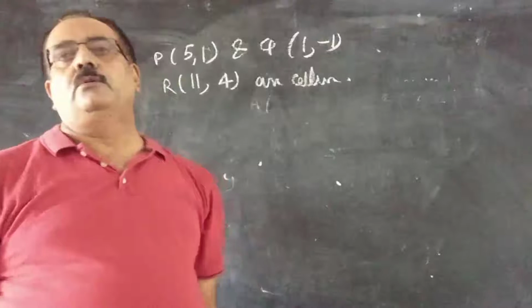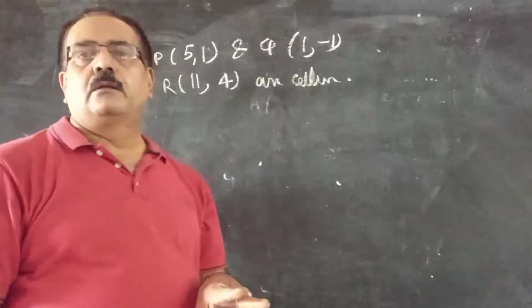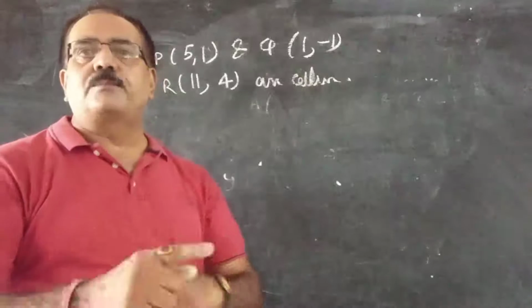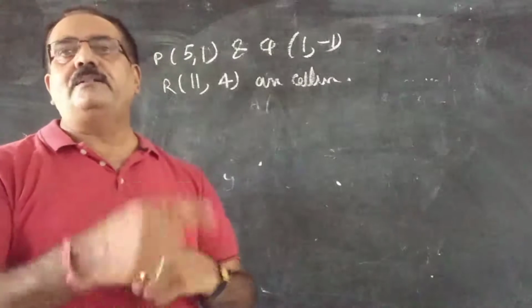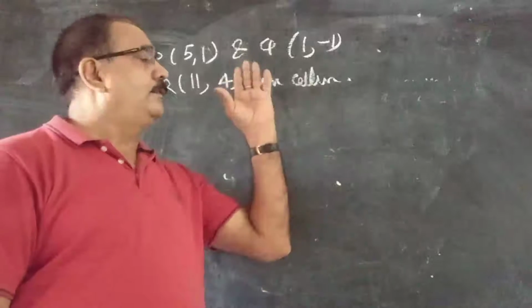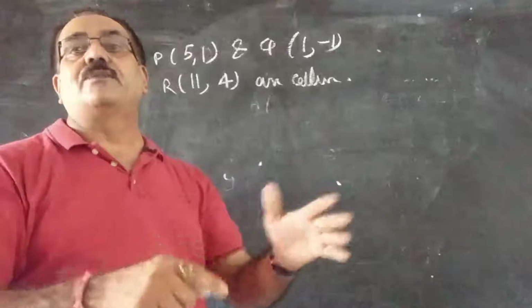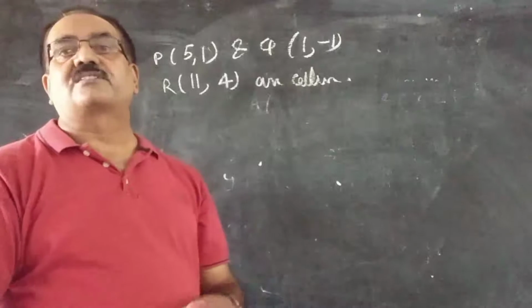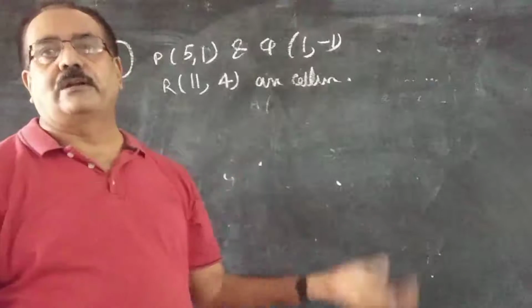What we will do is, by taking any two coordinates, first we will find the equation of a line, and then in that equation we will put the third coordinate and see whether it is satisfied or not. If it is satisfied, then it is collinear. If not satisfied, then it is not collinear.